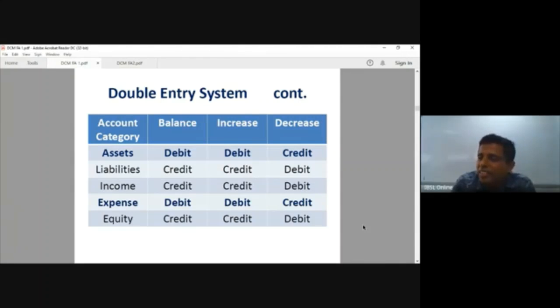Why? Teller cash is an asset to the bank. When a customer makes a deposit, the cash of that bank is increasing. Cash is an asset. Asset increase. And go to the double entry system. Asset increase, what is the entry? Debit.